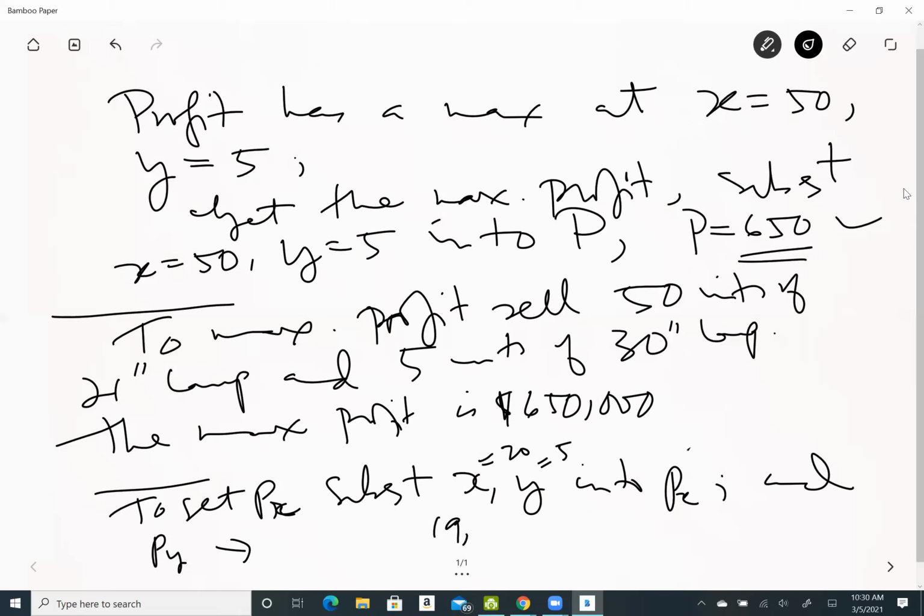Then you can do question number 23. 23 is on production, that means you want to find the output x, y, how much to produce in order to maximize the production. Then you can do question number 25, and after that question number 29. Anything else? No. If you want to do more, do the profit ones.